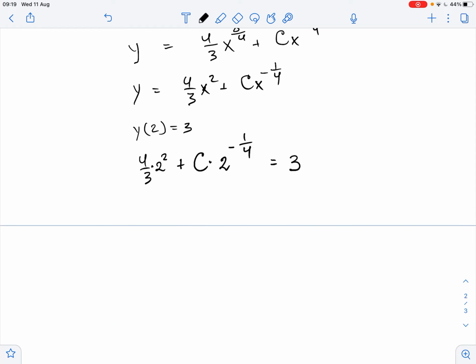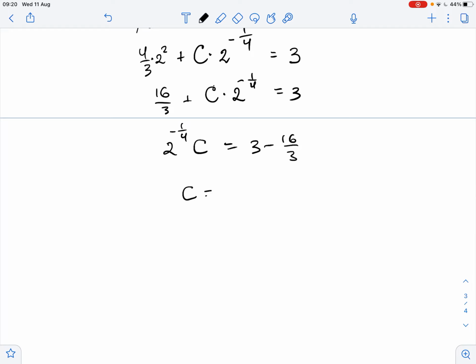So here we get 4/3 times 4, so it's 16/3 plus c times 2 to the power of -1/4 equals 3. Then we get that 2 to the power of -1/4 times c equals 3 minus 16/3.